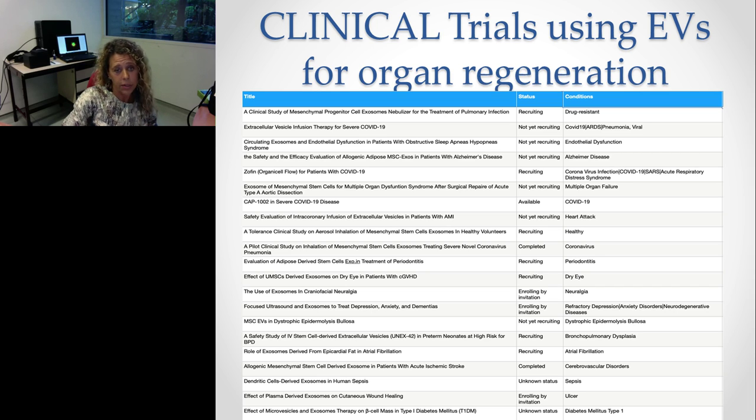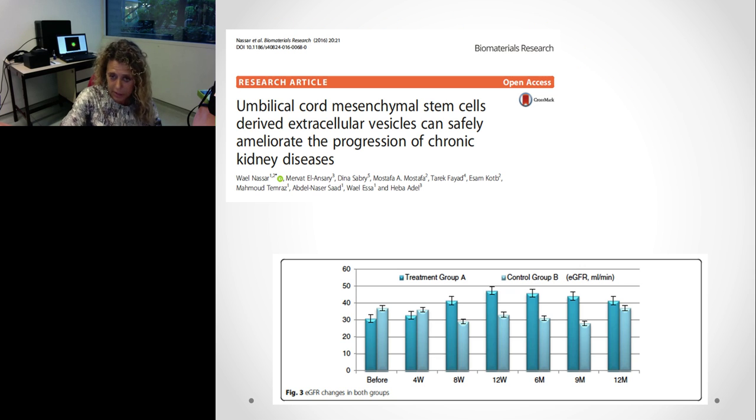This trial ended some time ago and was performed in Egypt, and as you can see from the graph, we had a stabilization, if not an amelioration, of the glomerular filtration rate, which is the kidney function, in the patients treated with vesicles in comparison with patients in the control group, which had a decline in the function.